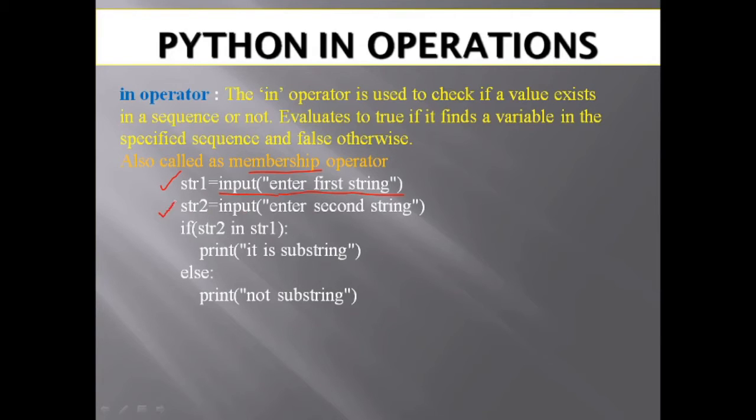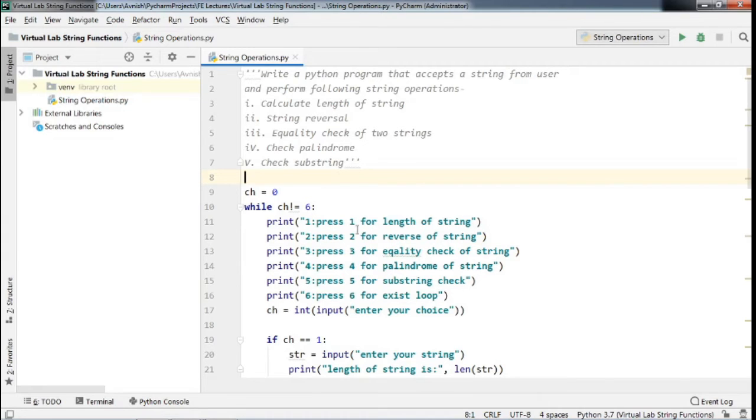In the second input we have stored our second input string in the str2 variable. Here, using a conditional operator, we are checking whether str2 is in str1. That means whether the characters of string 2 are available in string 1. If this case is true, we print it is a substring. Otherwise, we print it is not a substring. We will see this concept in today's assignment.